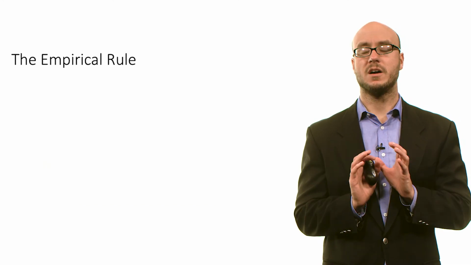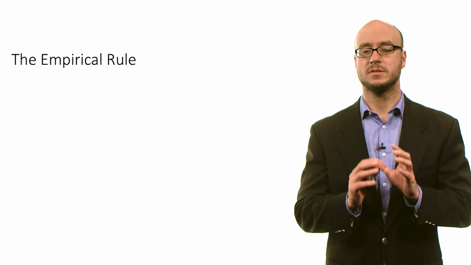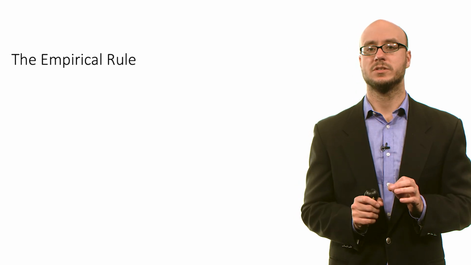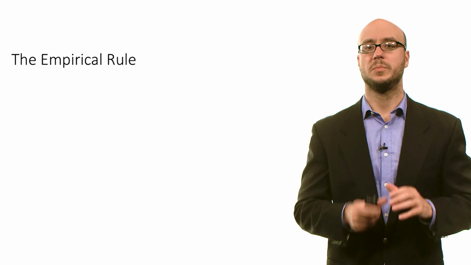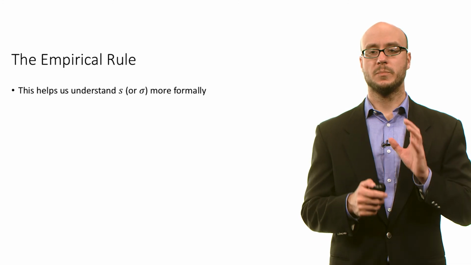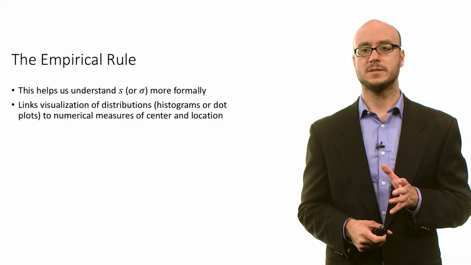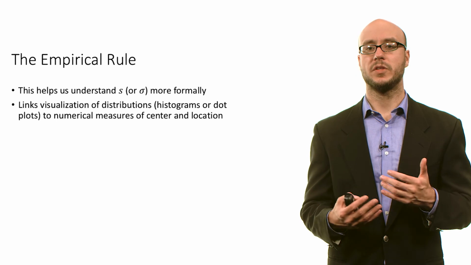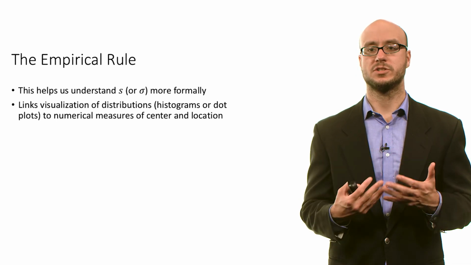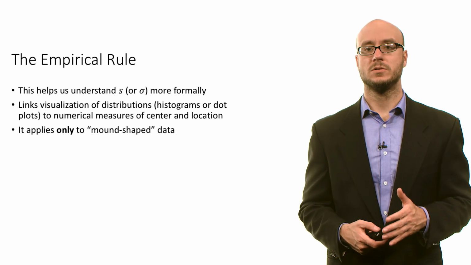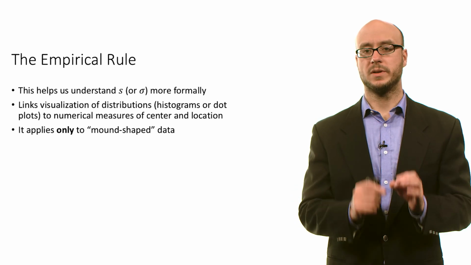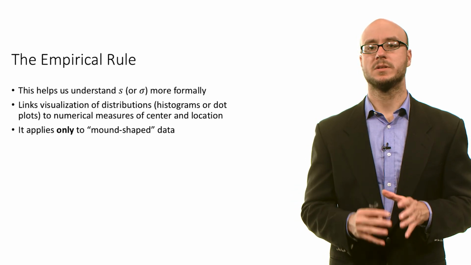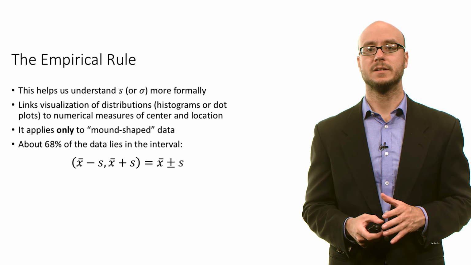Another way of understanding standard deviation and using standard deviation is through the empirical rule. Right? The empirical rule tells us something about certain distributions. Okay? So the empirical rule applies only to mound-shaped, symmetric data. Right?